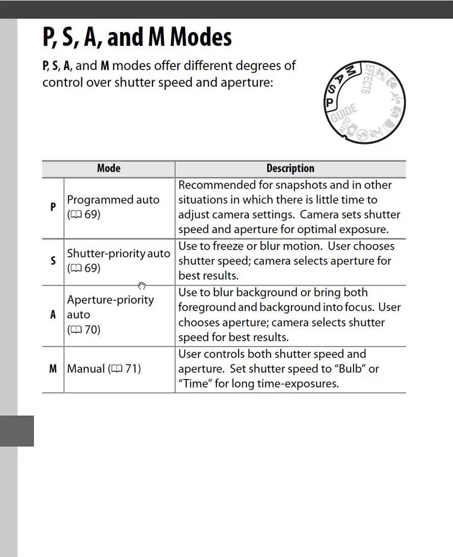Now these all give us specific kinds of controls, but the actual exposure is determined by the camera, which is why they're referred to as auto settings. The fourth one is manual. There's nothing automatic about that at all, and that's something that we'll use a little bit later in our course.